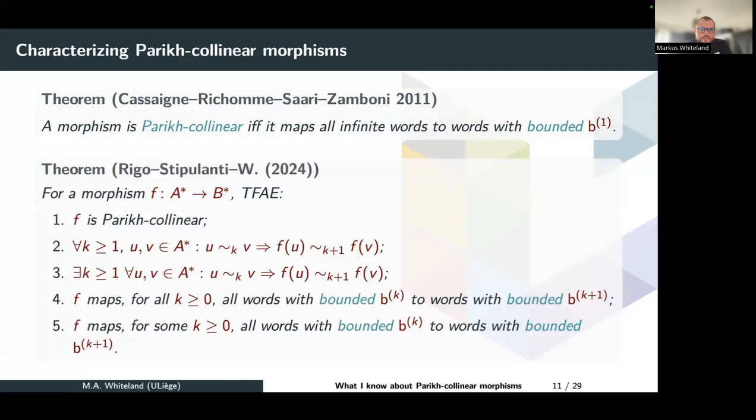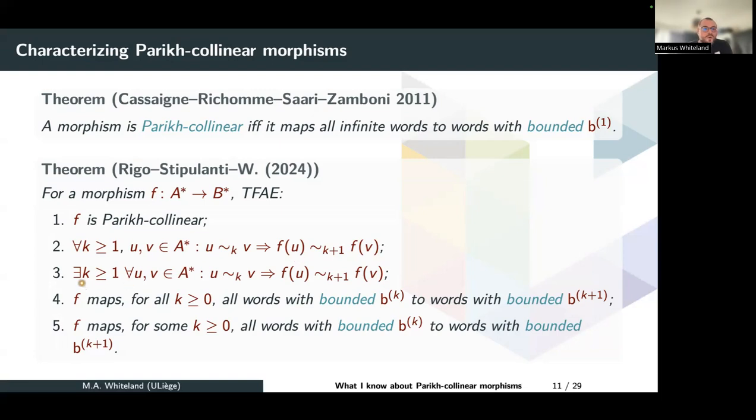So here we have the following characterizations. A morphism f from A star to B star is Parikh-collinear if and only if you take any k and any two words that are k-binomially equivalent, then their images are k plus 1 binomially equivalent.